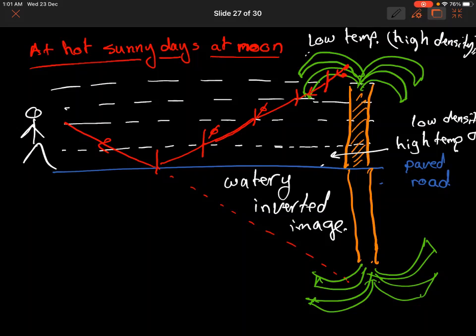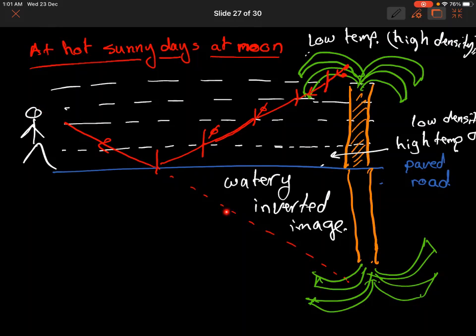So when I ask you about the mirage, what happens when the mirage phenomenon takes place? At hot sunny days, at noon, the air is divided into layers. The layer which touches the ground has higher temperature and low density. As you go up, the temperature decreases and the density increases. When the light ray moves from a high dense medium to a less dense medium, it refracts several times, then total internal reflection takes place.